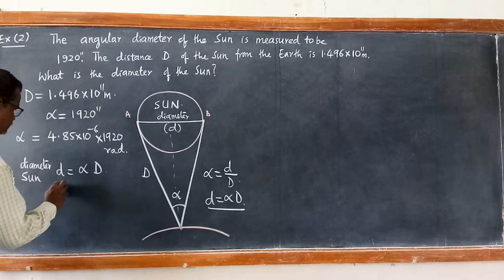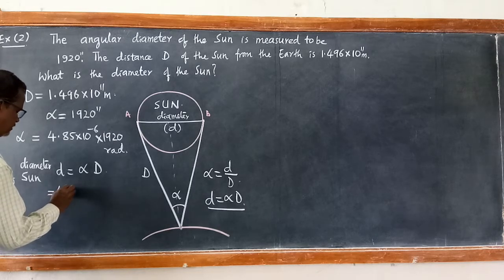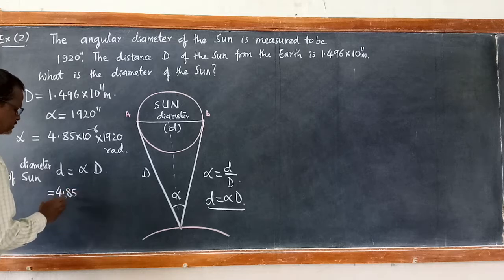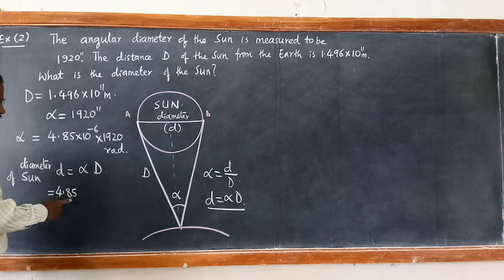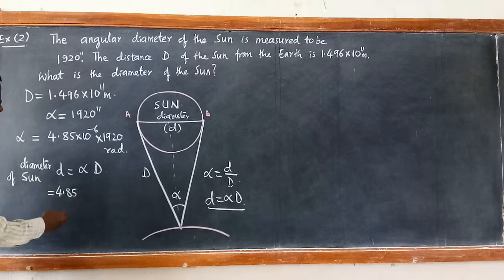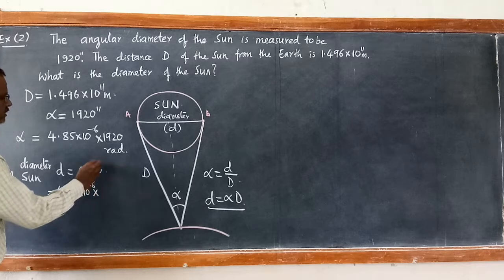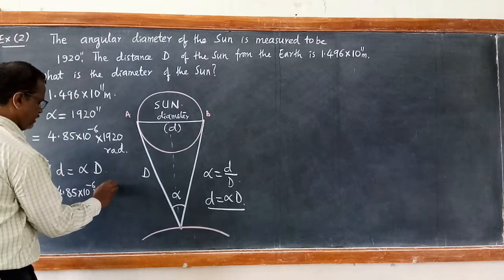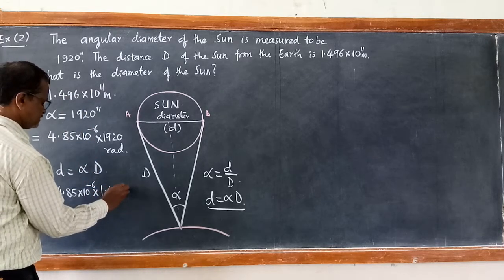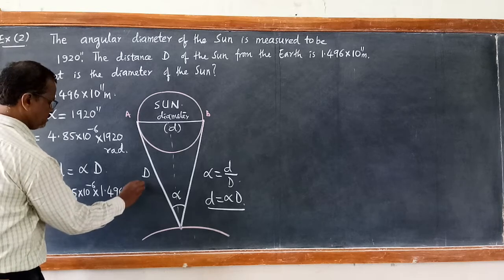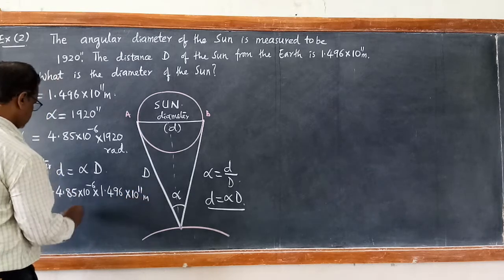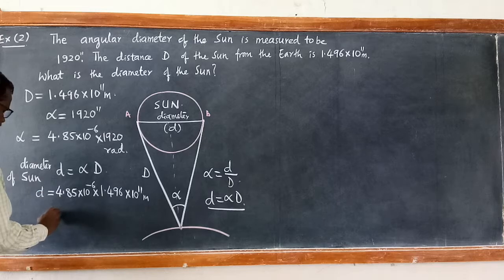So that becomes 4.85, it is actually 4.847, taken as 4.85 into 10 raised to minus 6 into the distance 1.496 into 10 raised to 11 meter. So this becomes the diameter.